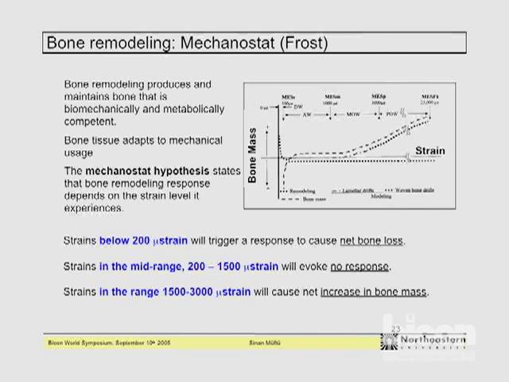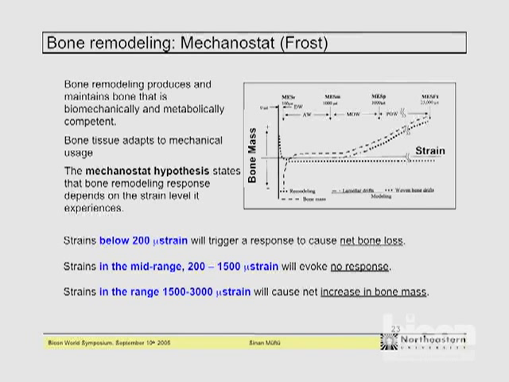If the strains that the bone encounters are in the mid-range, that is 200 to 1500 microstrain, this will evoke no response. This region is also known as the lazy region, sometimes, lazy bone. So nothing happens, bone mass is conserved.